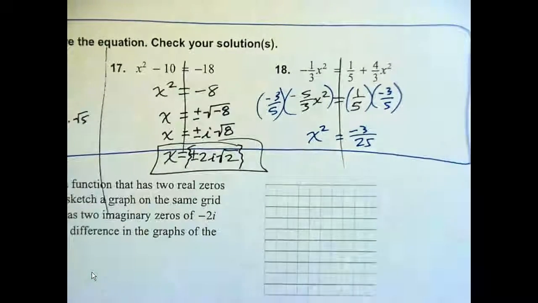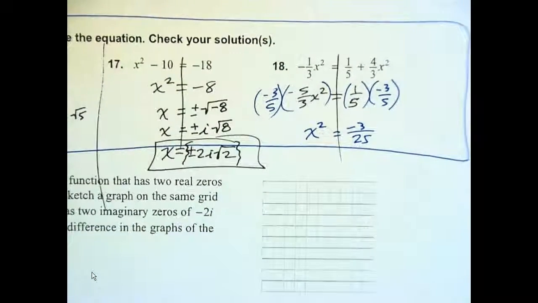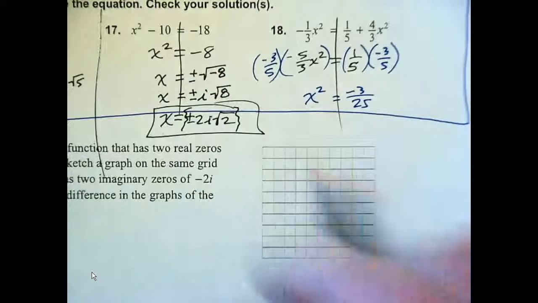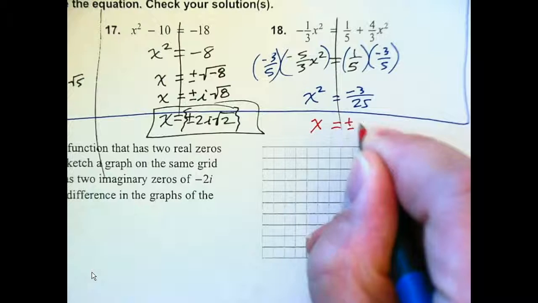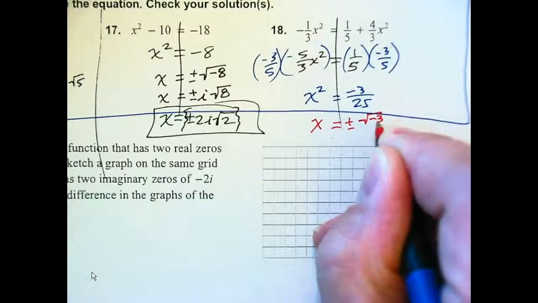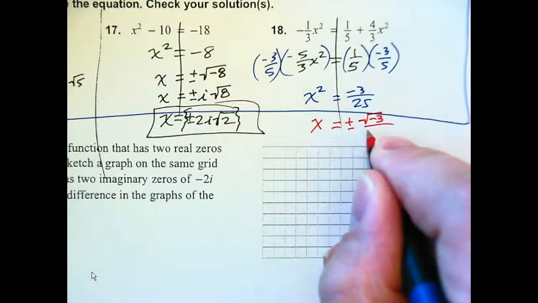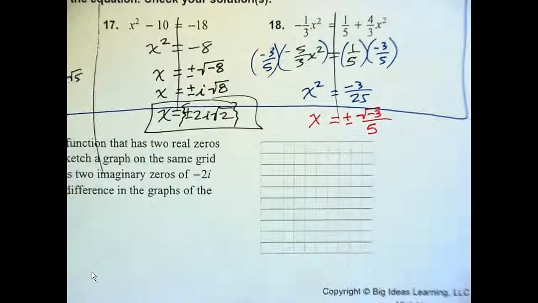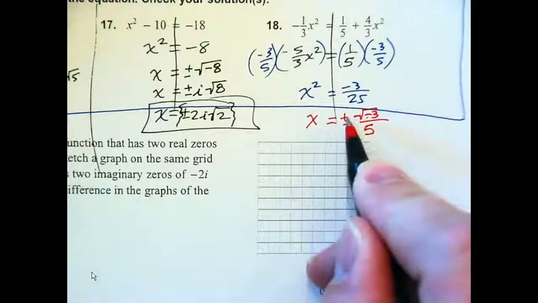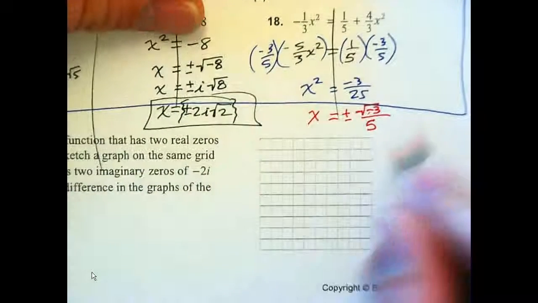I know that looks ugly, however, you should recognize the denominator is a perfect square, which is really nice when you take the square root, so you get x is equal to plus minus root negative 3 over root 25, which is 5. And then we pull the i out of that. It sounds kind of gross when you're saying you're pulling your eyes out.